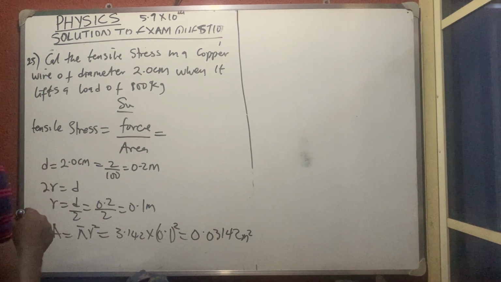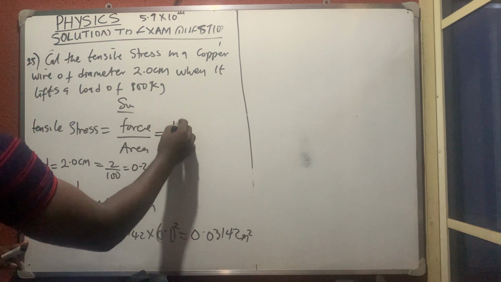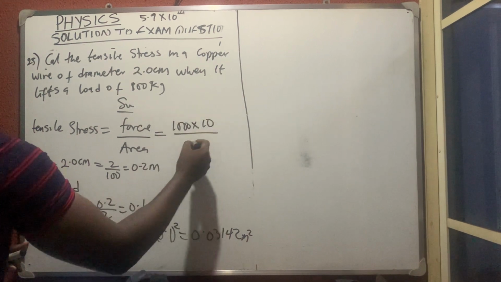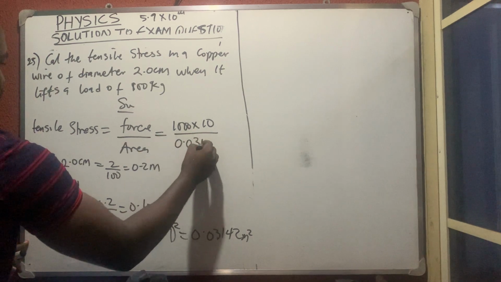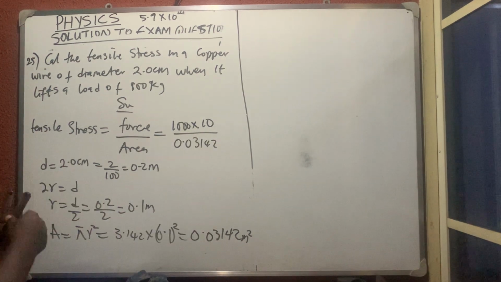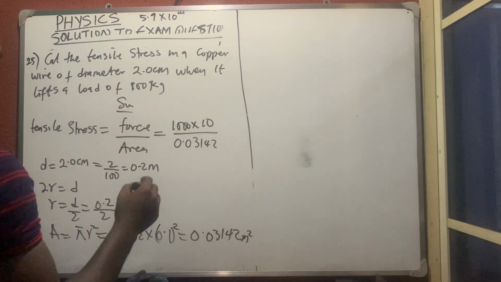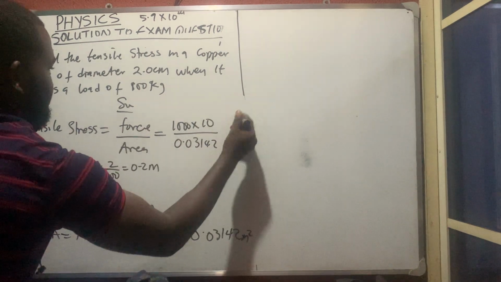What is my force? Force is mg, which is 100 times g, which is 10, divided by 0.03142. So I'm going to have how many zeros? 4 zeros divided by 0.03142. So the tensile stress is equal to what?